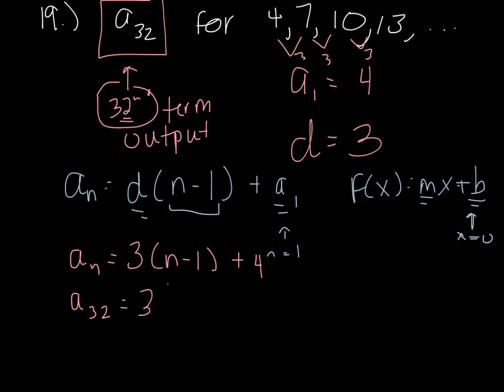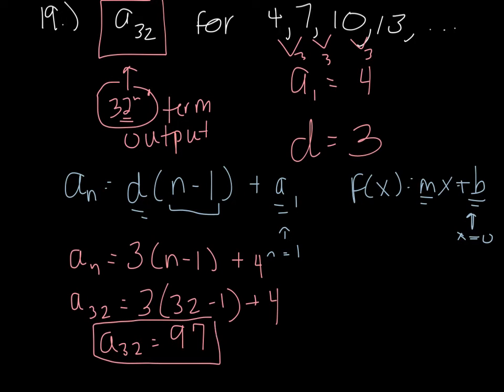A sub 32, remember, is kind of like f of 32 when we were in function world. And so when I do this out on a calculator, I'm going to get that a sub 32 is equal to 97. And remember, it's important to actually write the a sub 32 so that I can see that this basically tells me the 32nd term of the sequence is 97.